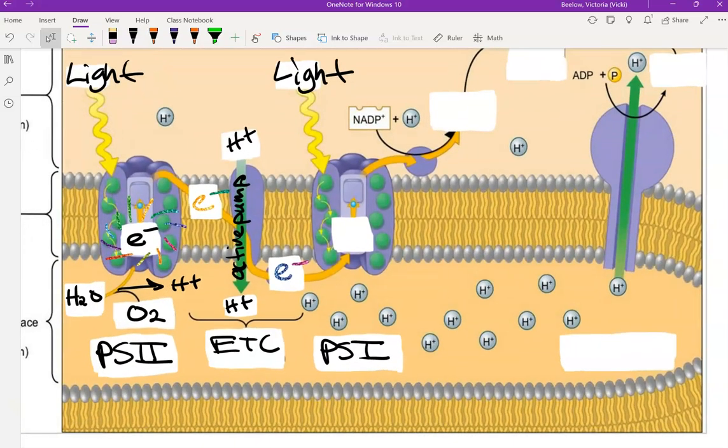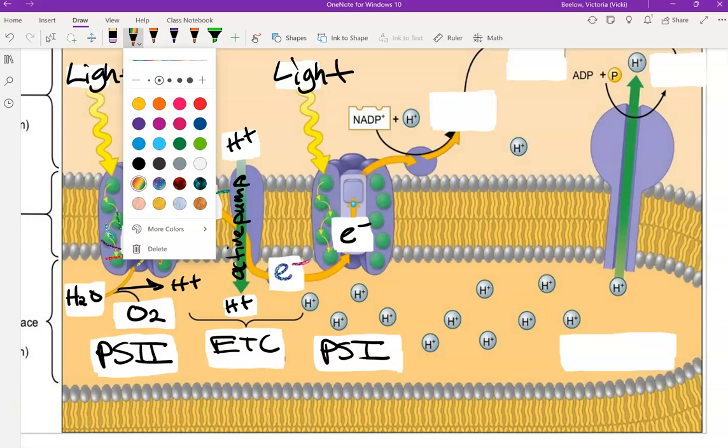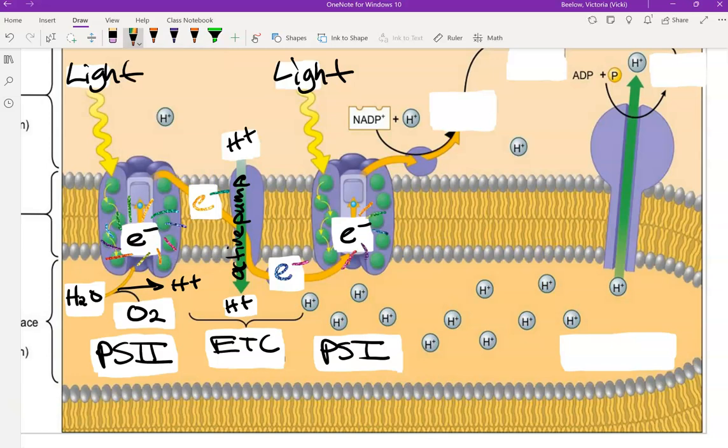Then, once those electrons have done their job at the ETC, they will enter photosystem 1, where they will again be re-energized by energy from the sun, which is being absorbed by chlorophyll.